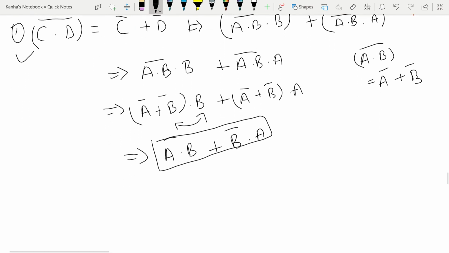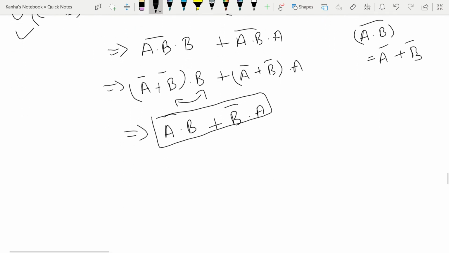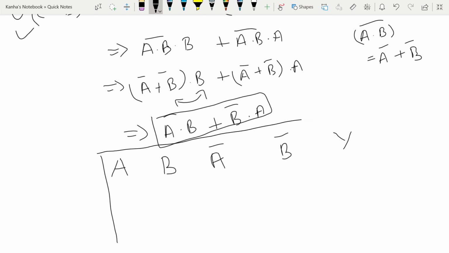Now making the truth table is very easy. I write A, I write B, and I write my output A bar dot B plus B bar dot A. Instead of that, let's just write the two things separately, A bar and B bar, and my output Y. Now you try to make the truth table from this.